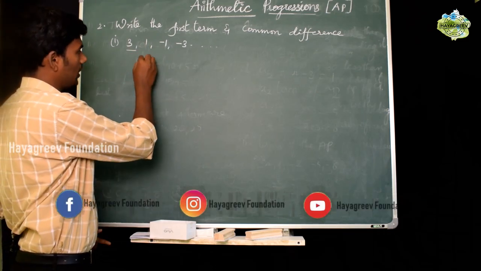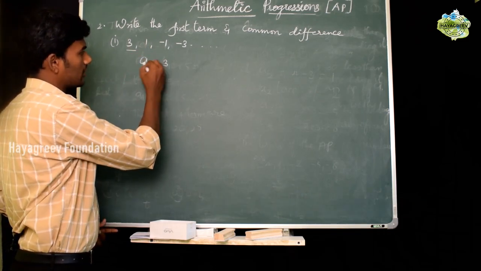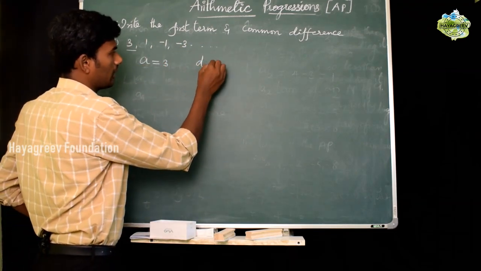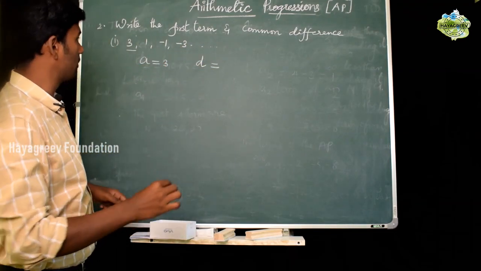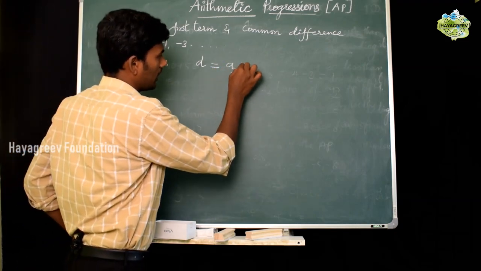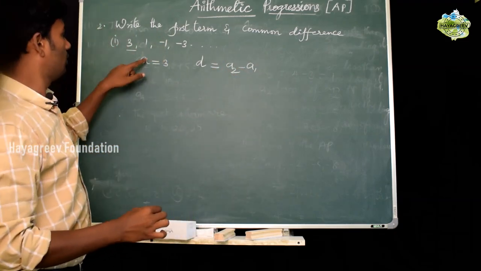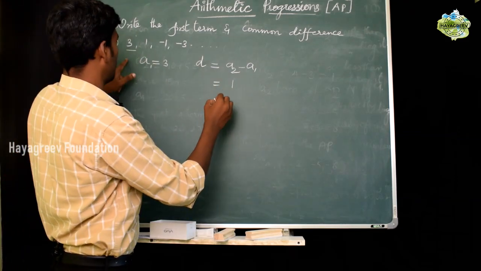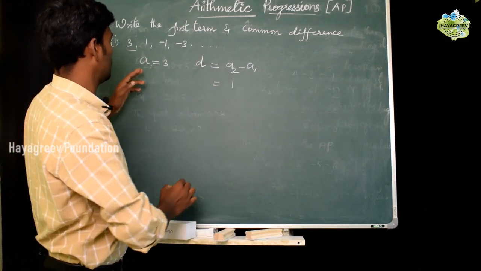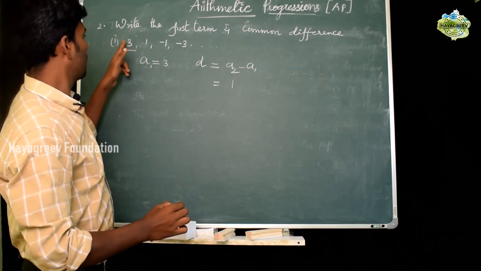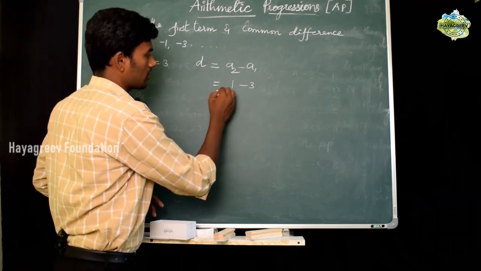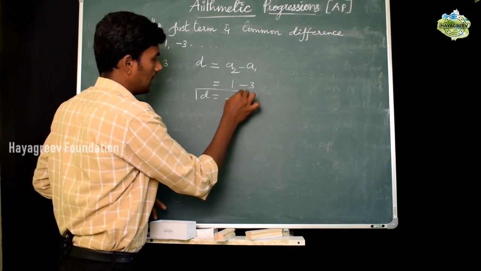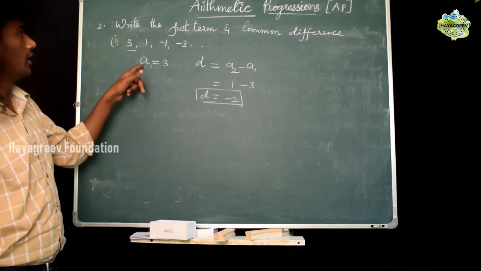So the first term A is 3, and we have to find the common difference, which we will denote by D. We know that D is equal to A2 minus A1. That is, A2 is 1 and A1 is 3. We are going to subtract: 1 minus 3 is minus 2. D is minus 2 and A is 3.